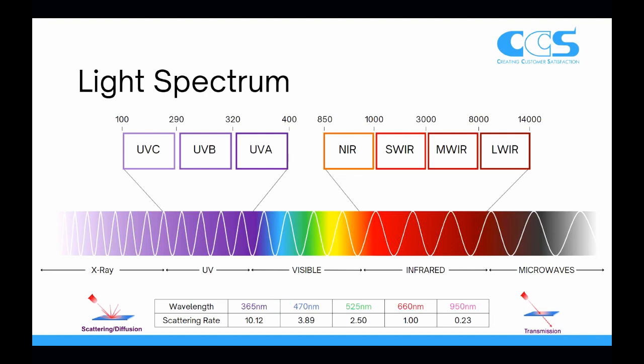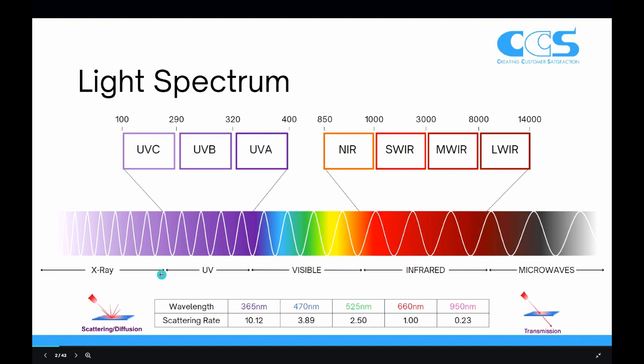As you move from short wavelengths to long wavelengths, a couple things happen. First, the scattering ability of the wavelength decreases. So when a light hits a surface, the shorter wavelengths have a higher scattering rate than the longer wavelengths. So we start short, we scatter really well, and as we get longer, we don't scatter as well.